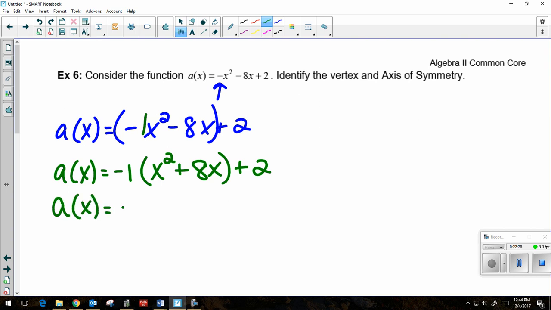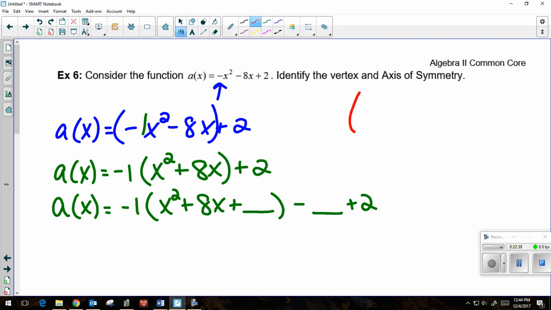So a of x equals -1, x squared plus 8x plus blank, minus blank, plus 2. In the blank space, it's b over 2 squared. b is 8, so 8 over 2 squared is going to give me 16.